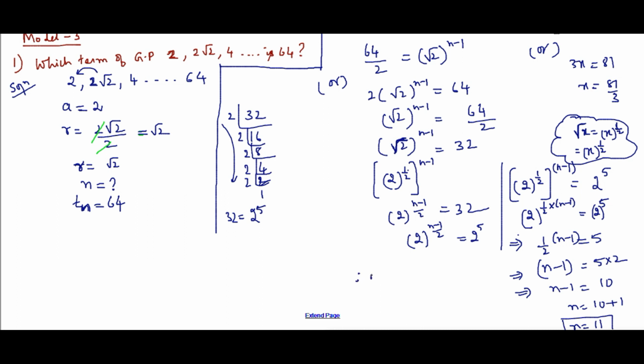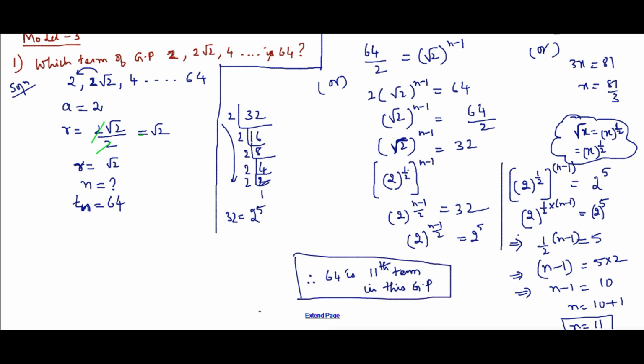Therefore, I can write 64 is the 11th term in this GP. Clear? This is going to be my final answer.